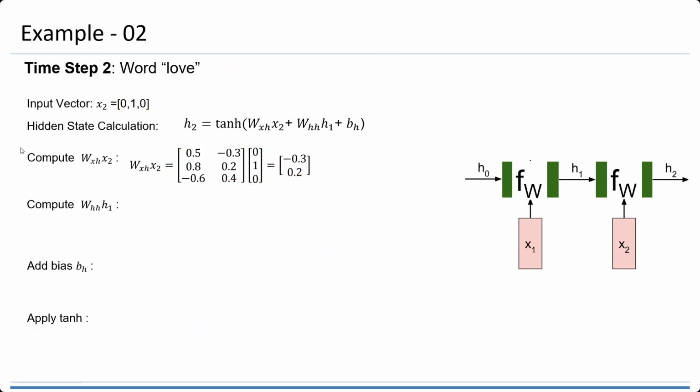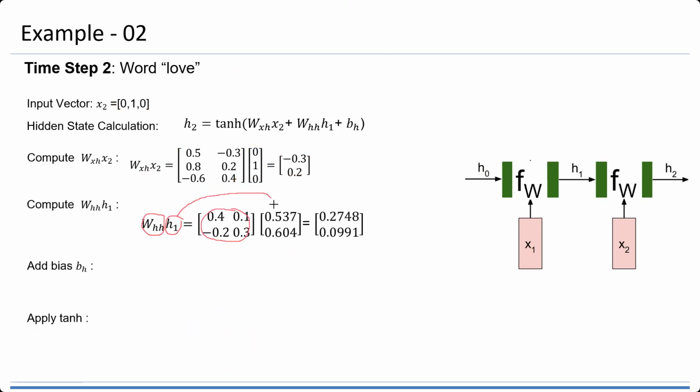After we got this value, then we want to multiply the H1 with the weight. So the weight is the same, but the H1 is the result from the H0 with X1. So we use the value from the previous step to calculate the WHH multiplied by H1. So we get this result.